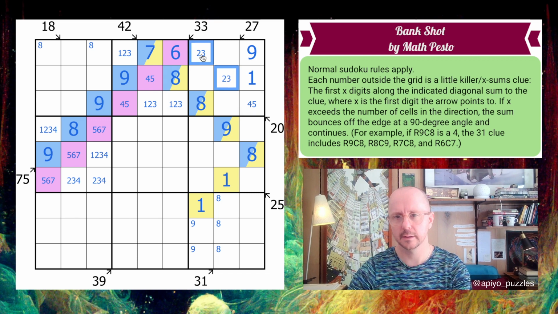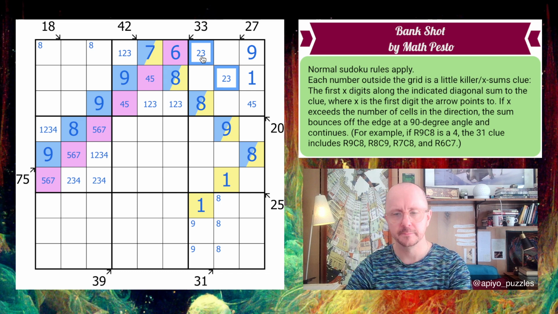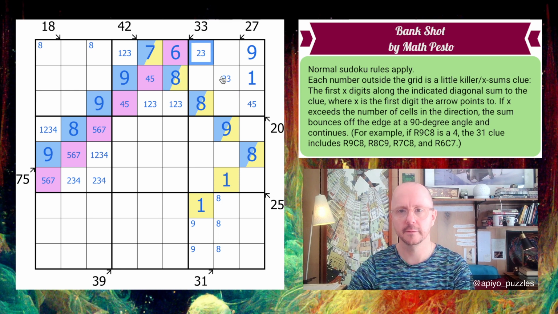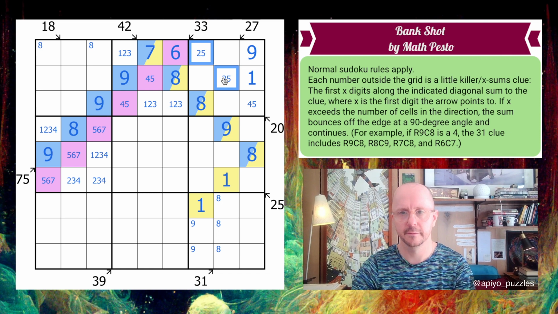Now, how much bigger can these get? If this is 4, 12, then these have to add up to 8. So it could be 2, 6, or it could be 3, 5.